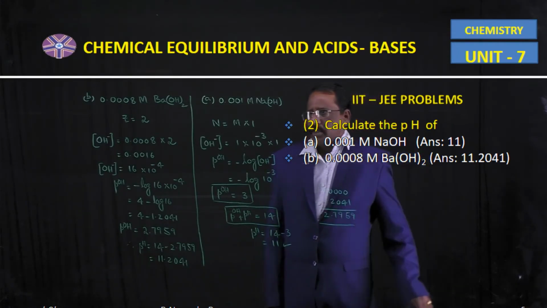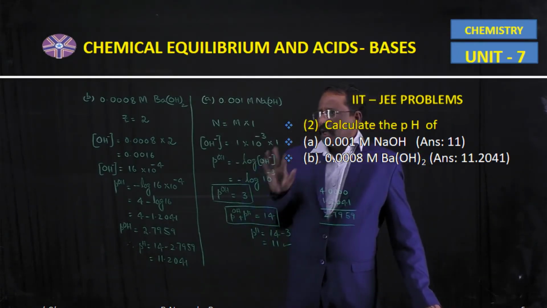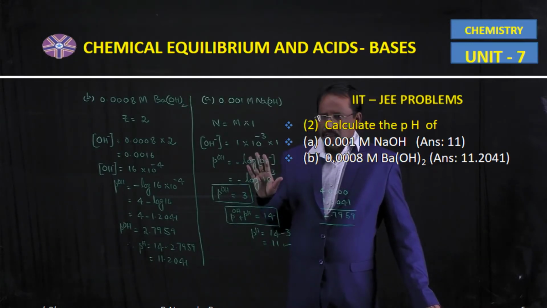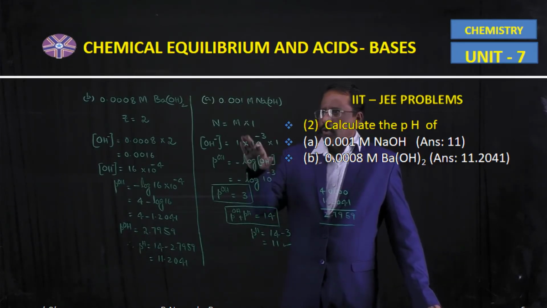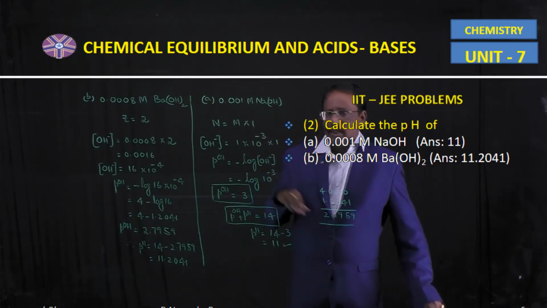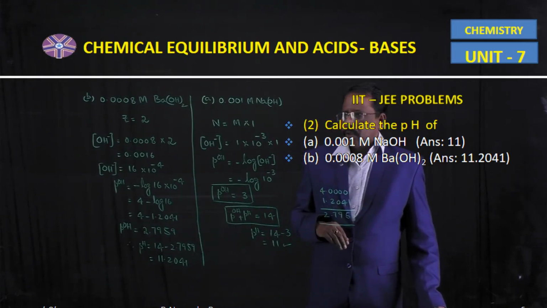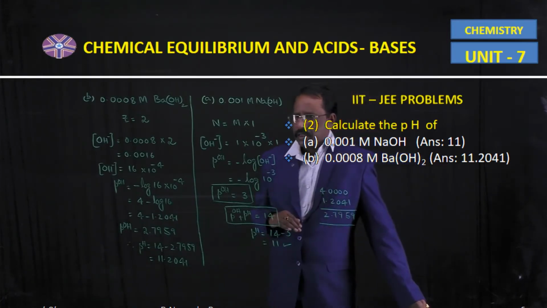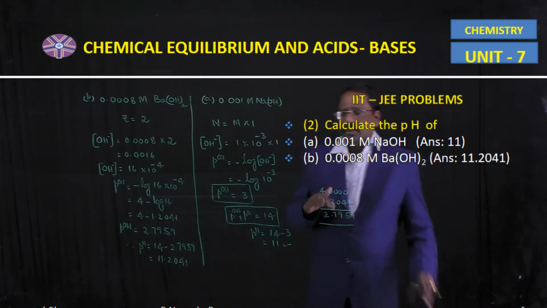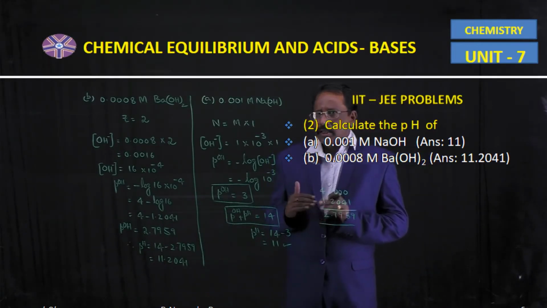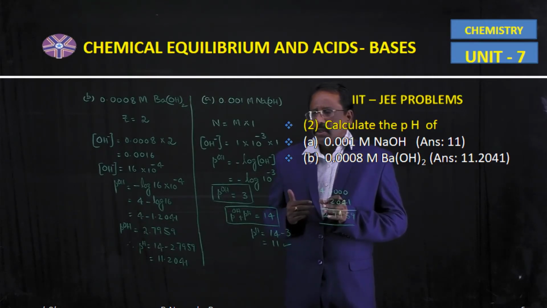Here a very important point is that normality of any solution, whether basic or acidic, is equal to molarity into Z. In the case of acids, Z is equal to its basicity. In the case of basic solution, the value of Z is equal to acidity.